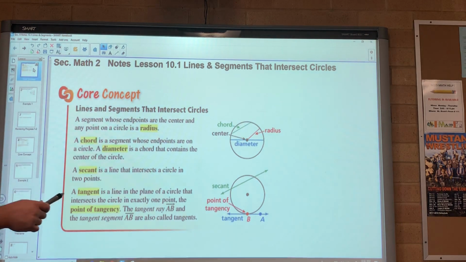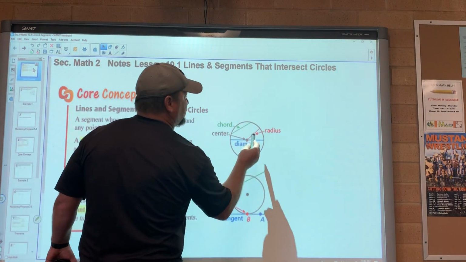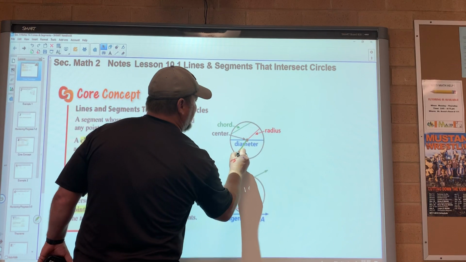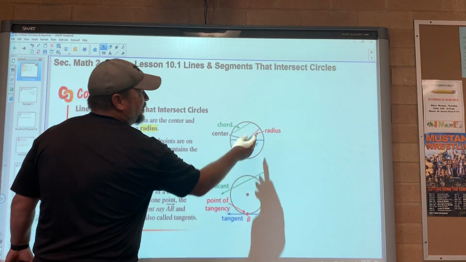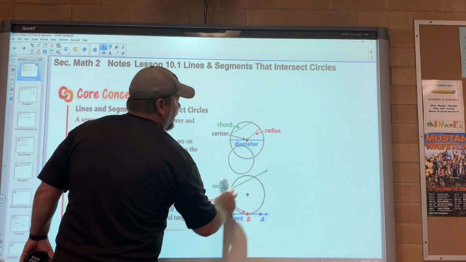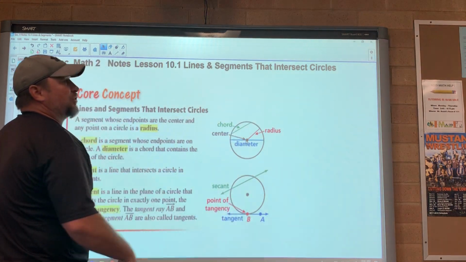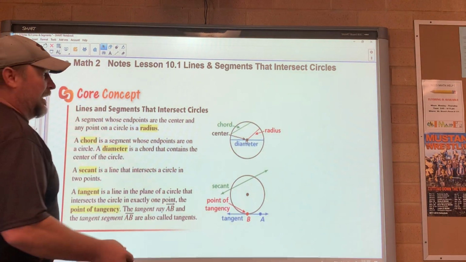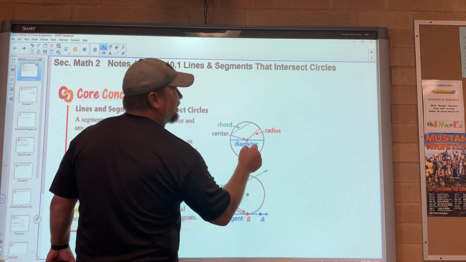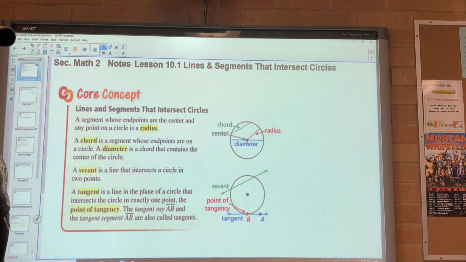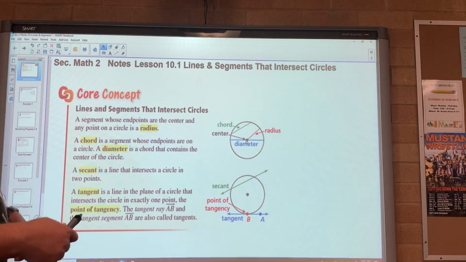Remember, a radius is the same distance anywhere. So if I were to draw this radius from here to here, that would be the same as the red line. Every single radius in every circle is the same length. Every diameter for every circle is twice as long as the radius. So if I had a radius that was 5, the diameter would be 10.